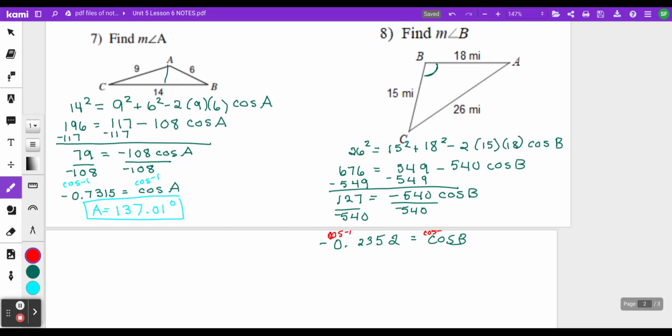So second cosine, and then our number. And we're going to get the angle is going to be 103.6 degrees. All right, and now you're going to be working on your assignment.